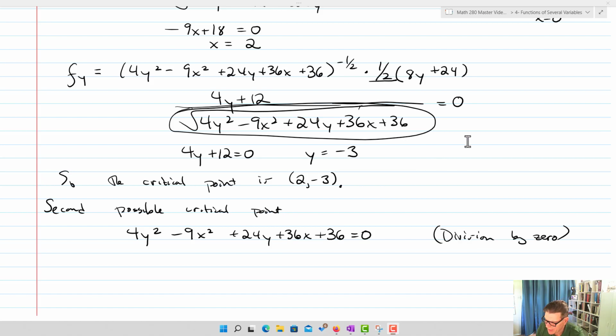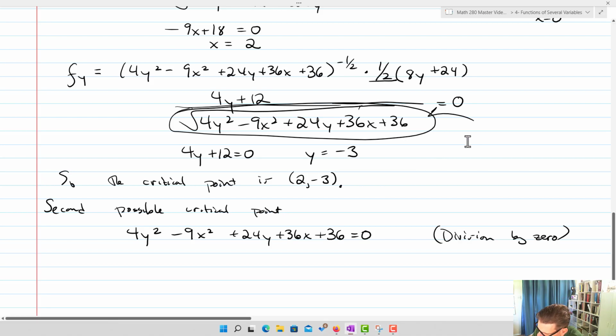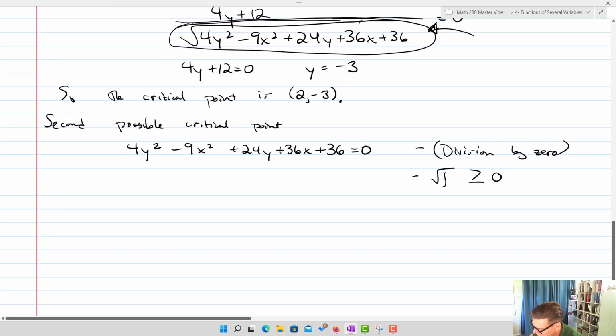In addition to that, though, notice that it's also in a square root. So the square root of f must be greater than or equal to 0. So we can't divide by 0. We need the square root of f to be greater than or equal to 0. So we're going to have an undefined derivative whenever the expression under the square root is less than 0.